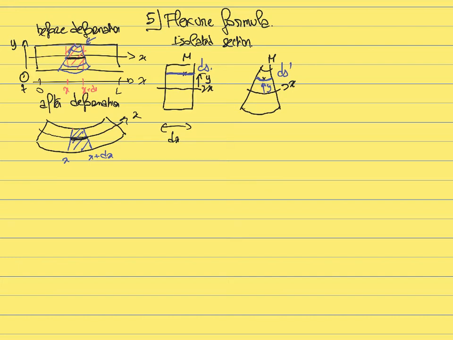Necessarily, as we said, the top part of the beam is going to be under compression because the distance ds prime is decreasing. And the bottom part, because ds prime increases with respect to ds, is going to be under tension.